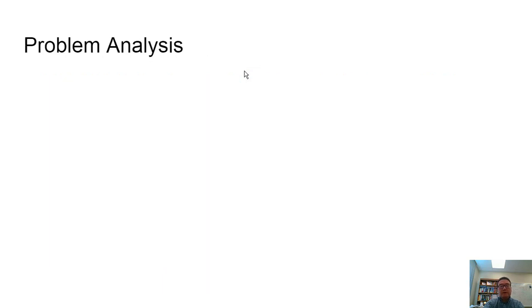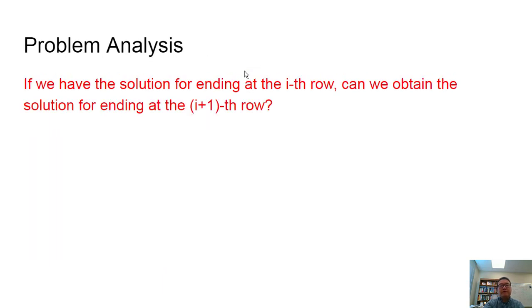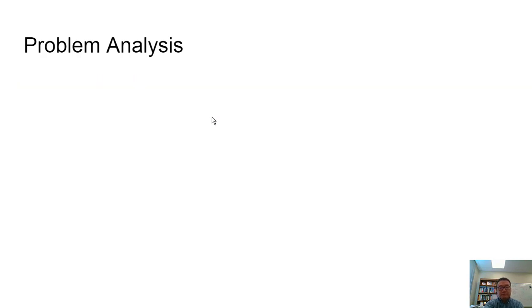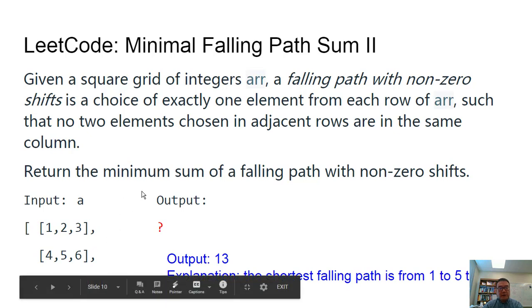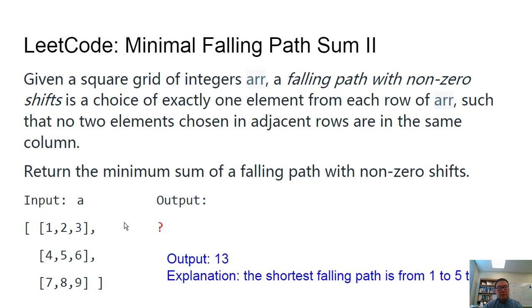So suppose we already have the information for a solution ending at the ith row. Can we use that to obtain a solution for ending at the i+1th row? If I already know the minimum falling path satisfying the condition for ending at the second row, does that help me compute the answer for the final one?